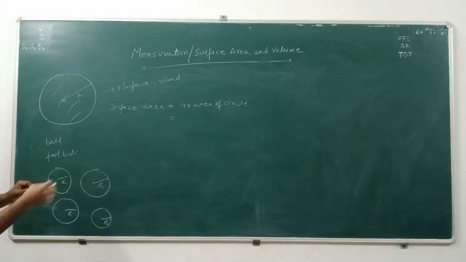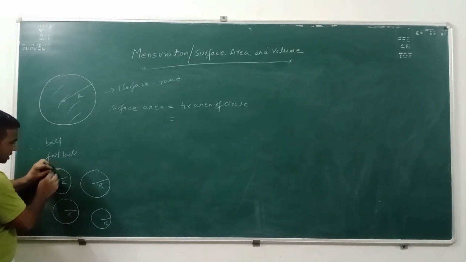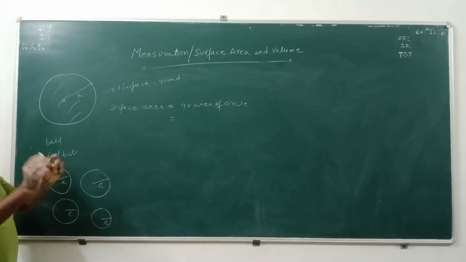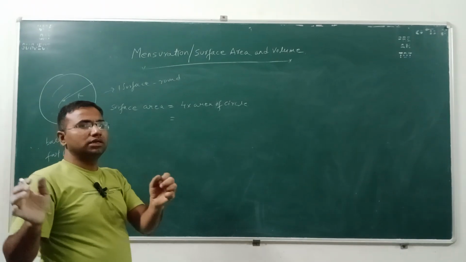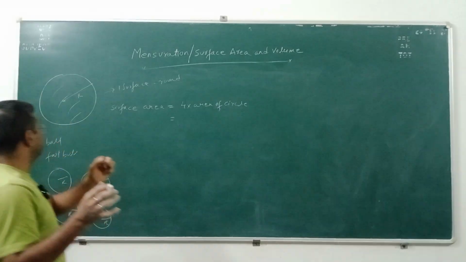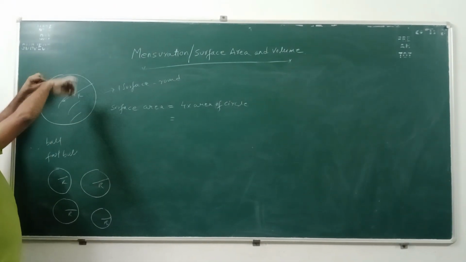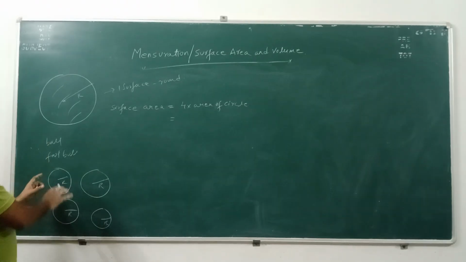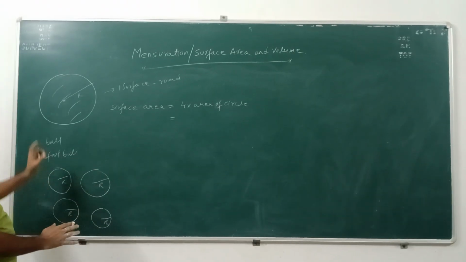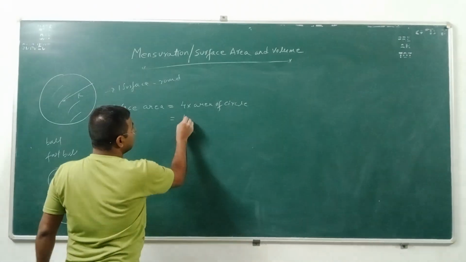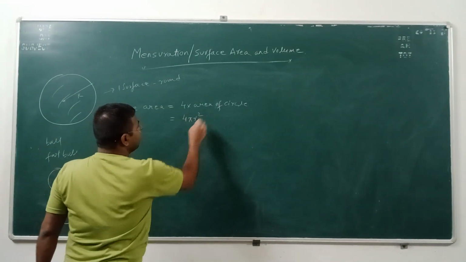Now if you take a thread and cover all the circles with thread, and then cover that sphere, that ball, with the thread, then you will see that 4 area of circle is equal to the surface area of the sphere. So here you will write 4 pi r square.